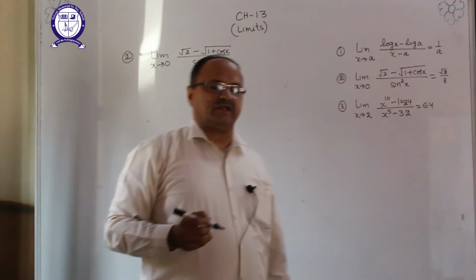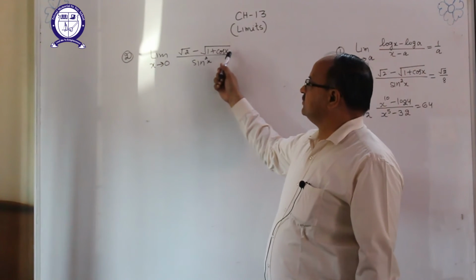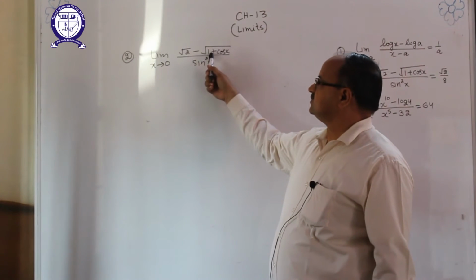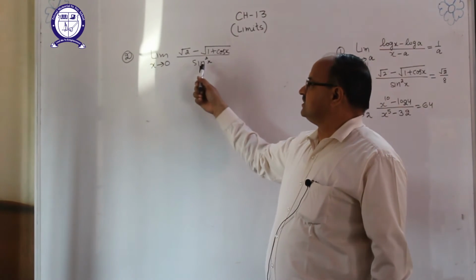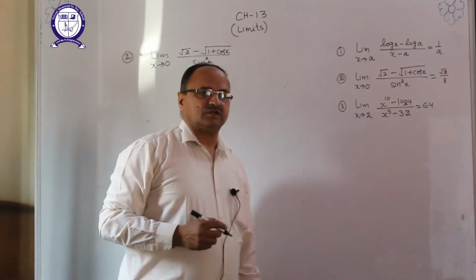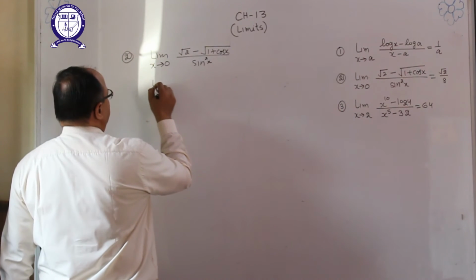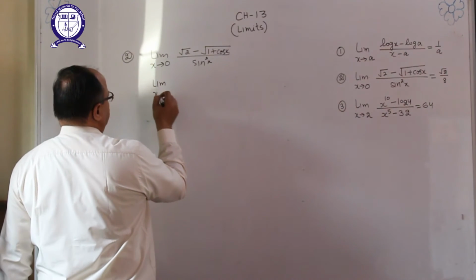When you apply the direct method and put x equal to 0, cos 0 is 1, 1 plus 1 is 2, root 2 minus root 2 is 0, and sin 0 is 0, so it becomes 0 by 0 form. Therefore, we use the rationalize method for simplification.